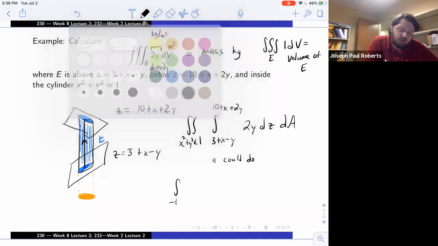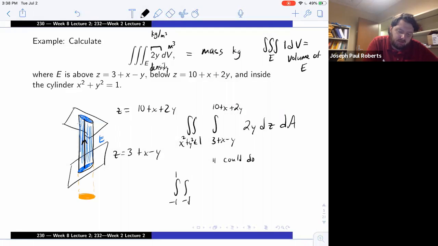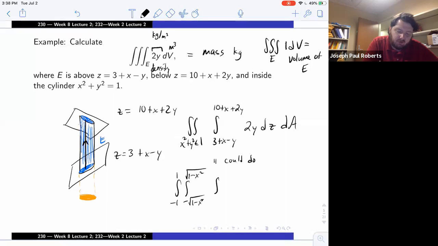And so if you wanted to do xyz bounds for that, you'd have to do it as follows: x from minus 1 to 1, y from minus square root of 1 minus x squared to plus square root of 1 minus x squared, and then z from 3 plus x minus y up to 10 plus x plus 2y. So that's the way you would fully set it up.